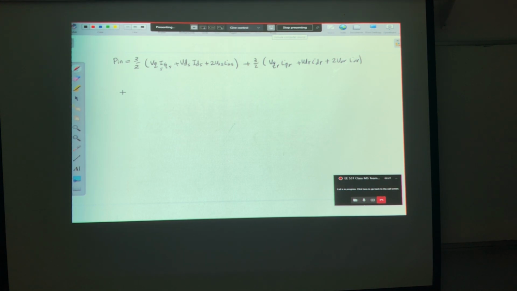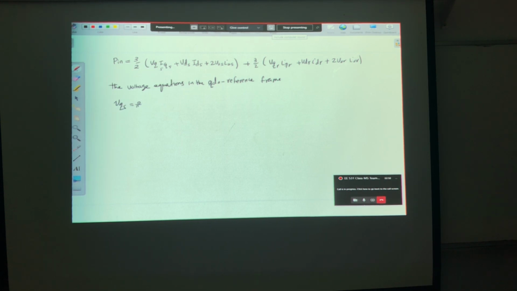Good? And if we recall the voltage equation in the QD0 reference frame, VQS was equal to what?